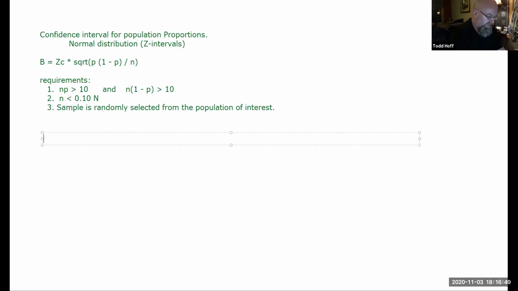So our example here. A random sample of 240 students gives 187 past statistics on their first try.